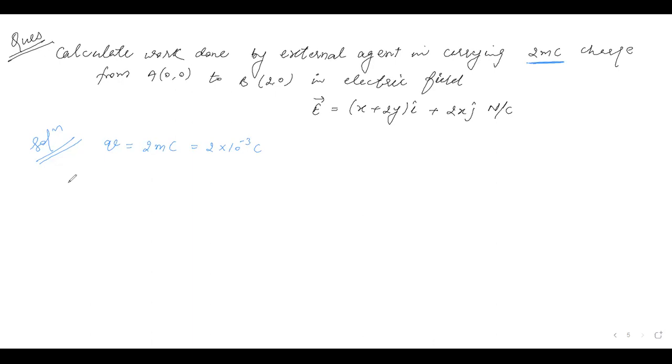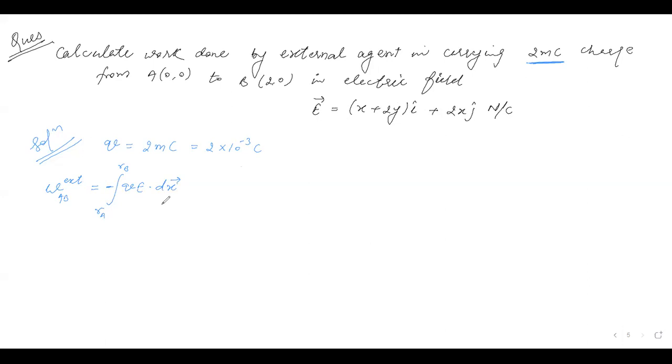Then we are going to apply our main equation, W external from A to B, is the integral from RA to RB of minus QE dot dx or dr. Here your values are given in terms of x. Okay. So we can write here dx now. Do you understand?